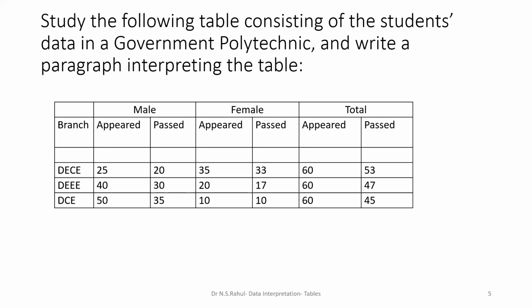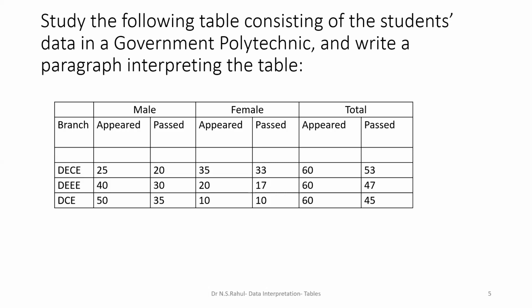And in DEEE branch, male persons have appeared 40 members, and out of 40 members, 30 male persons have passed. And in female, 20 members have appeared, and out of 20 members, 17 members have passed. Total have appeared 60 members.